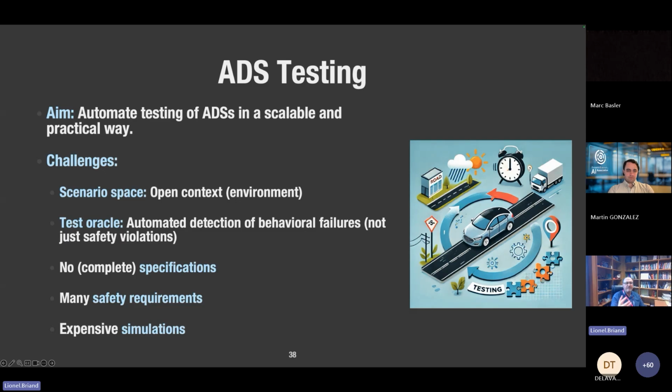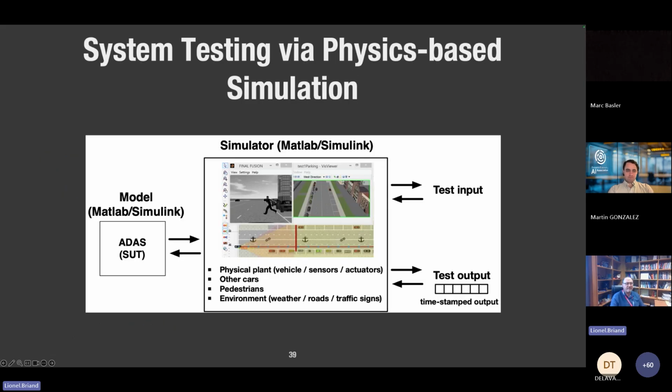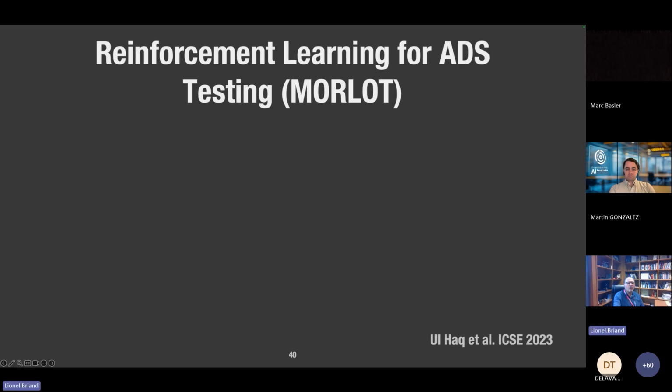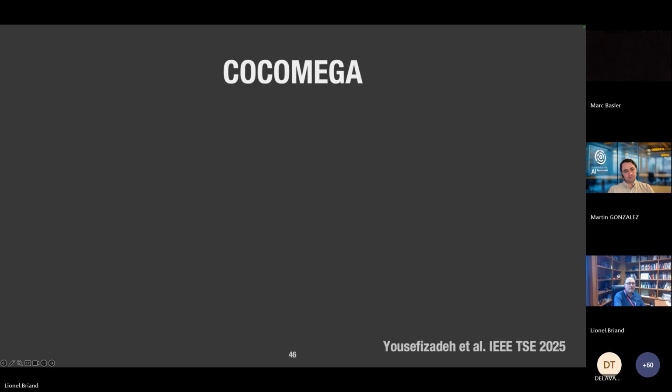And even if we have a simulator in the loop, simulation is very expensive. It's very expensive because it's physics-based. So a type of simulation doesn't come for free. Basically, I've done several projects in that area, but I will only present one, where we tried to come up with scalable testing with a simulator in the loop for ADS.